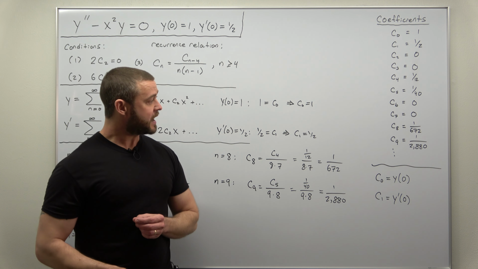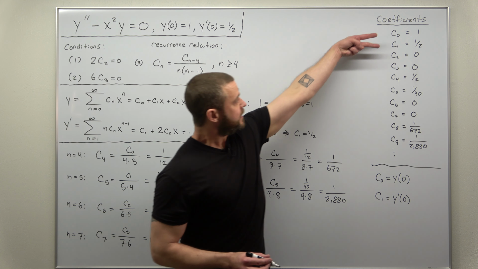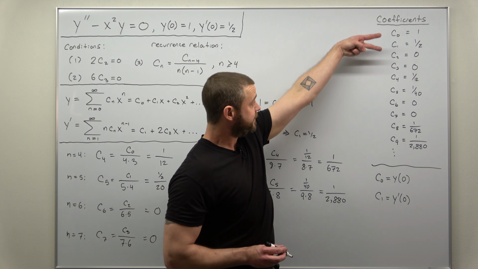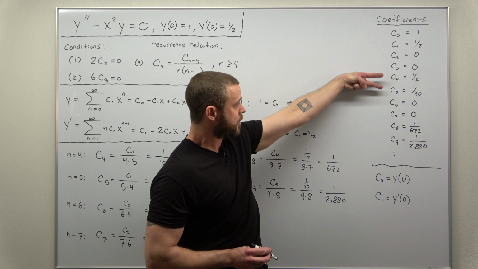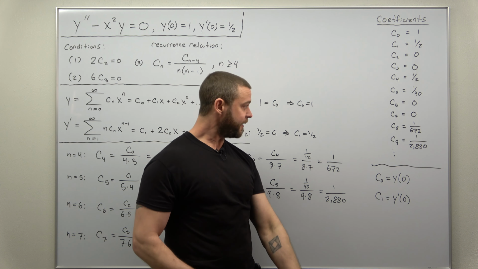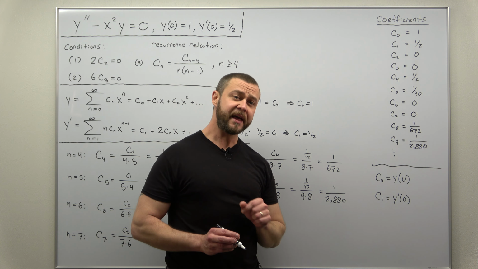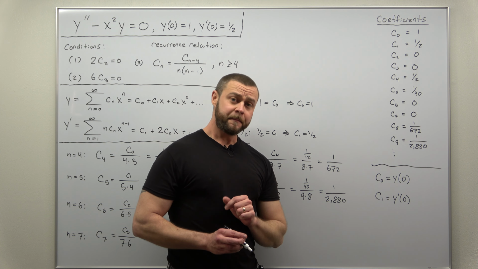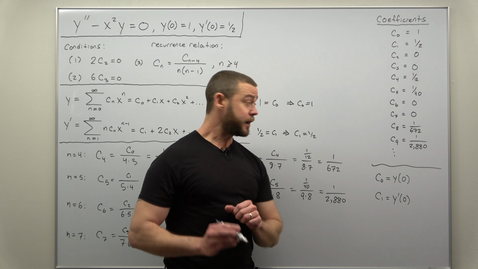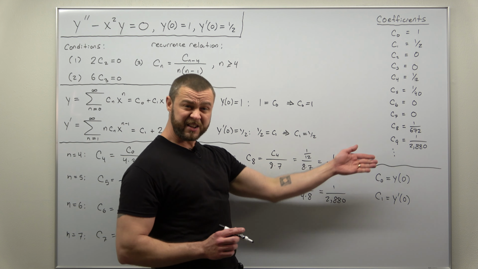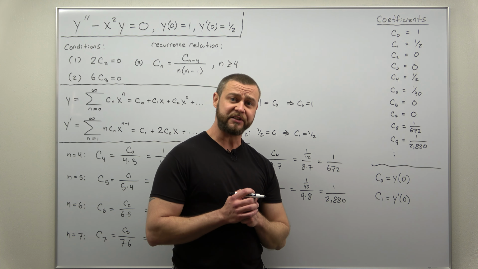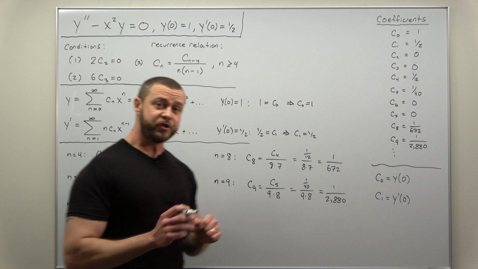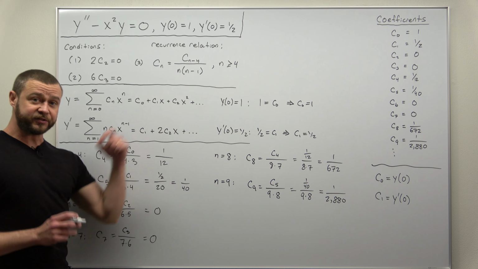And again, we can recognize the pattern here. We get 2 non-zero coefficients followed by 2 zero coefficients. So what you should find, c sub 10 and c sub 11, those are both going to come out to 0. And then we can continue that and get as many coefficients as we want for our solution for y as a power series.